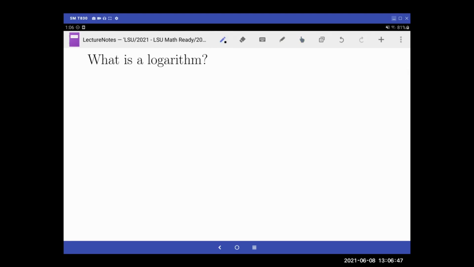What is a logarithm, though? A logarithm is, I like to say, an answer to the question, 2 to what power is 32? Okay, so that's just an example.